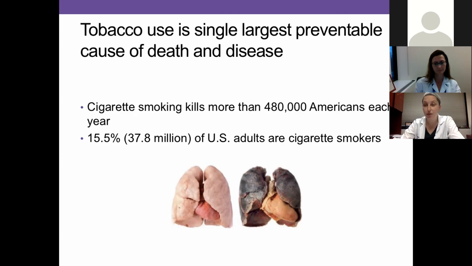Smoking-related illnesses in the US cost about $300 billion annually, and that included nearly $170 billion in direct medical care for smoking-related issues. And 15% of US adults are cigarette smokers.